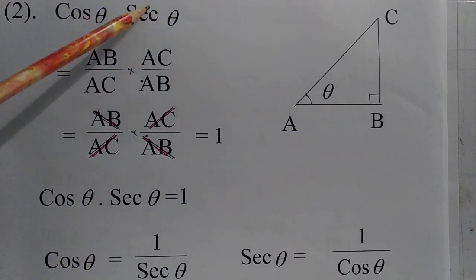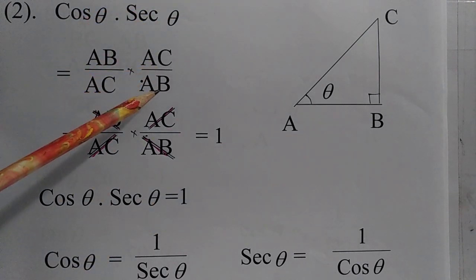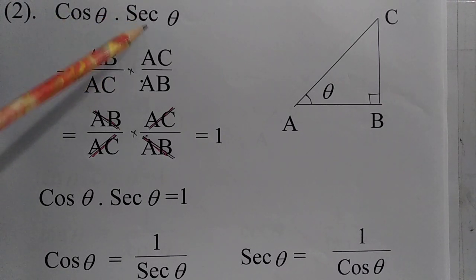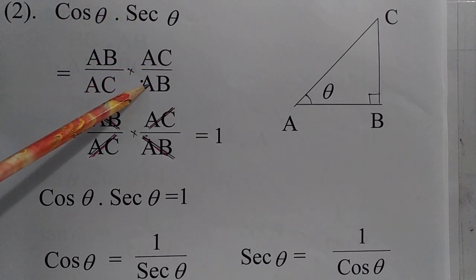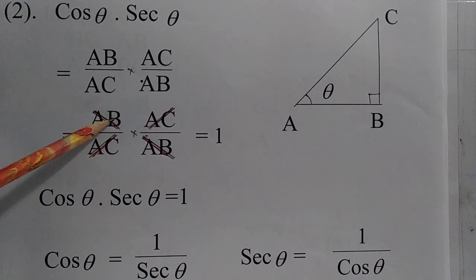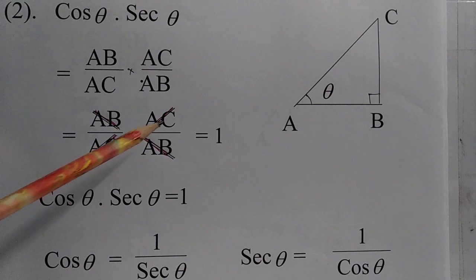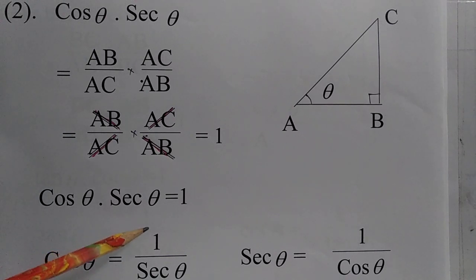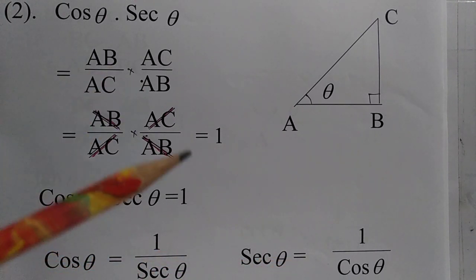So secant theta equal to AC by AB. Cos theta equal to AB by AC, secant theta equal to AC by AB, and AC gets cancelled and AB gets cancelled. We got 1. So cos theta into secant theta equal to 1. Cos theta equal to 1 by secant theta. Secant theta equal to 1 by cos theta.